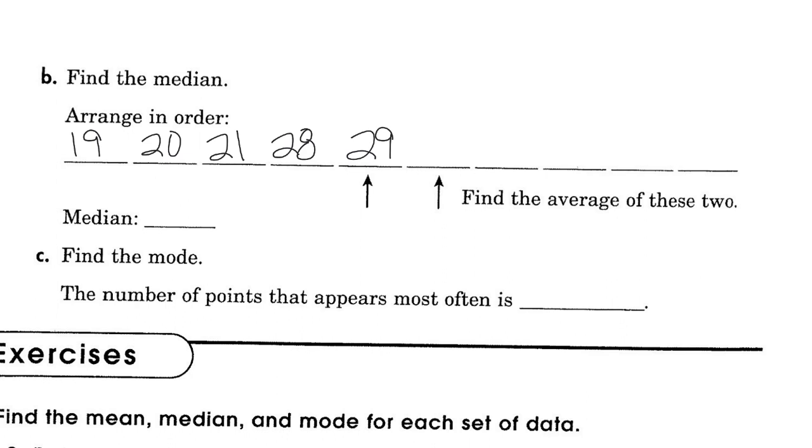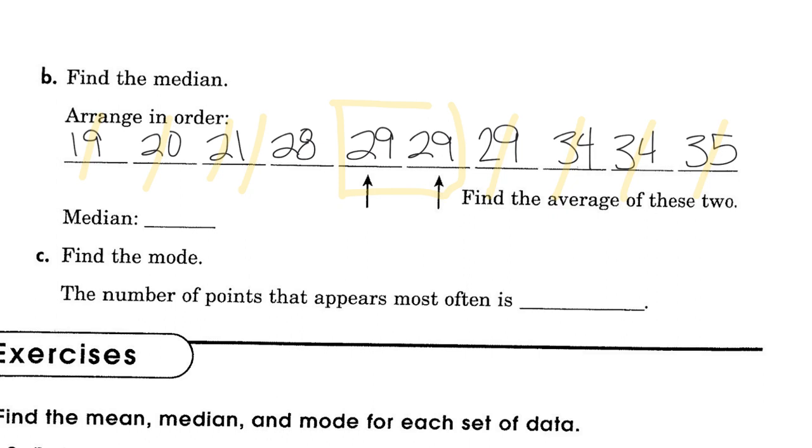Now, 29 is listed 3 times, and I have to write down all 3 times. Then we have 34 twice, and then we have 35. If I walk myself in from the highest and lowest, crossing out my high and my low and working my way in, I end up with 29 and 29.